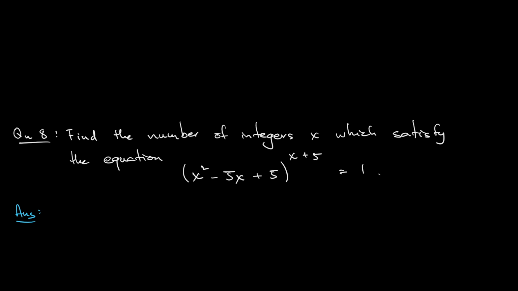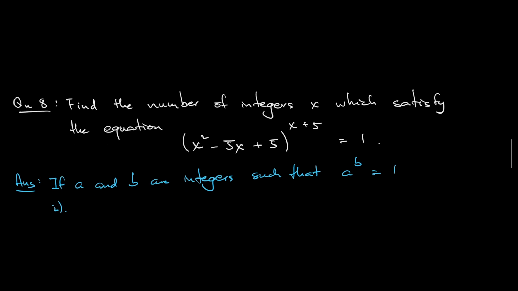Notice that if a and b are integers such that a to the power b is equal to 1, when is this possible? It must fall into one of three cases.